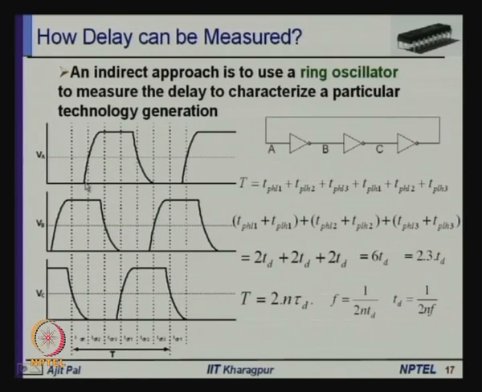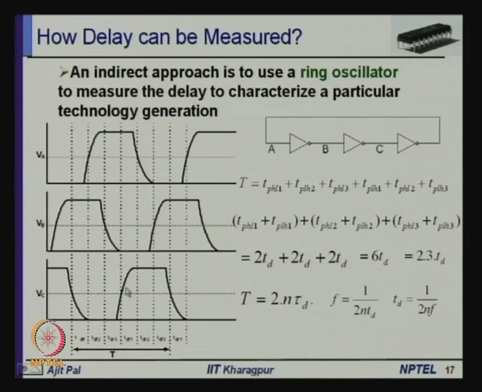Say this is the delay time, between one line and another line. When at this point it is changing from 0 to VDD, the next stage will change from VDD to 0 after the delay time. So after the delay time it will switch from high to low.